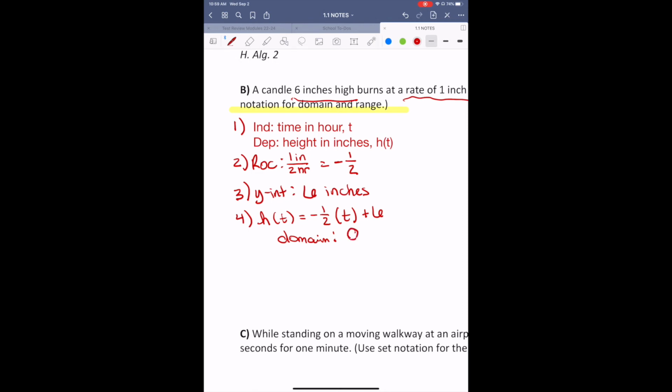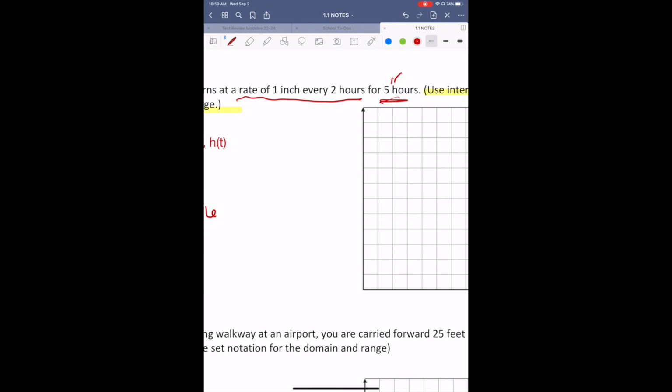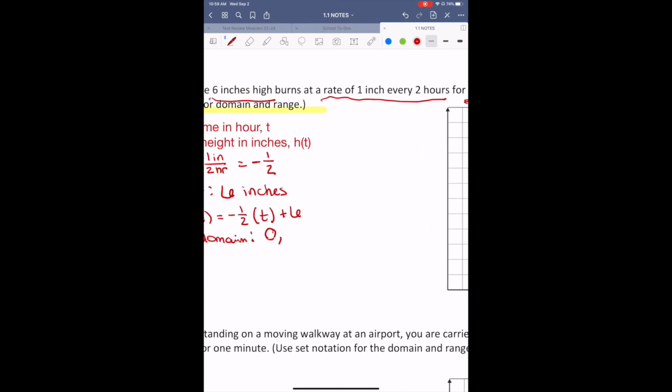So we start at 0, and how long is the candle going to burn for? In this situation, you are told that it burns for 5 hours, right? So our domain goes from 0 to 5. Now the question is, do we include the points or do we not include the points? We do include them, right? Because it starts when we light it, it ends when we extinguish the flame. So 5 is included because that's when we are cutting off the flame.